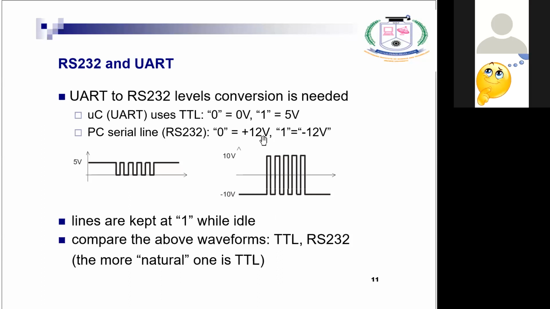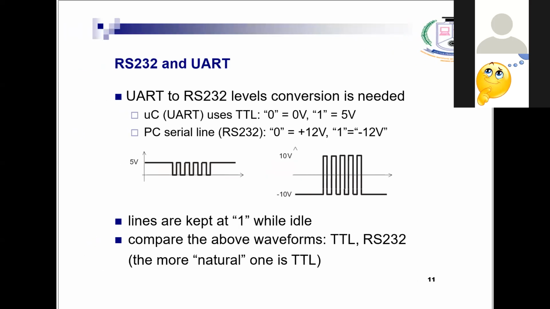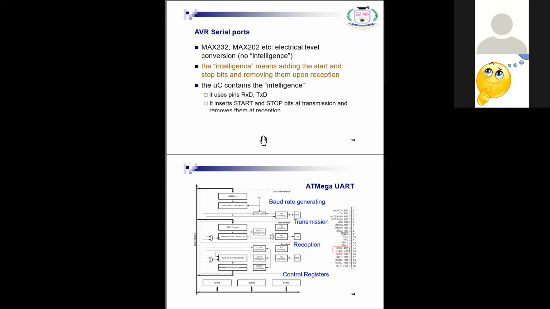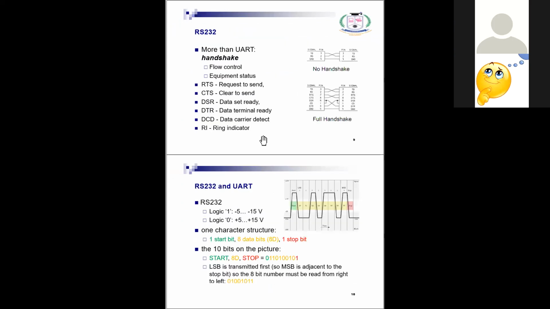So why did UART and USRT not become as popular as RS232? The level of conversion: RS232 has given a wide range of difference between logic 1 and logic 0. Logic 0 is fixed at plus 5 volt to plus 15 volt, and logic 1 is minus 5 to minus 15.